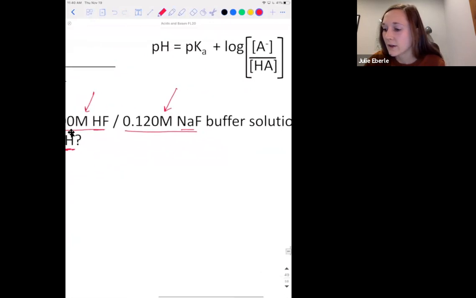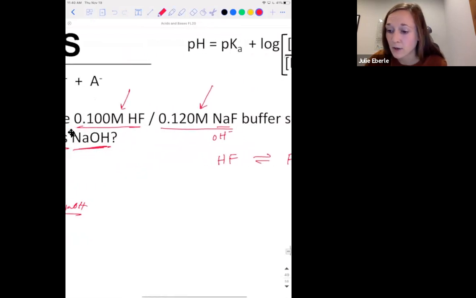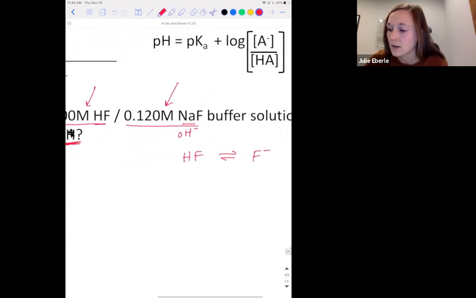So if we have our little diagram, HF in equilibrium with F minus, which is from the sodium fluoride here, and we add some OH from our base, sodium hydroxide, the HF is going to give up its hydrogen, and we're going to make water and inherently have more F minus.